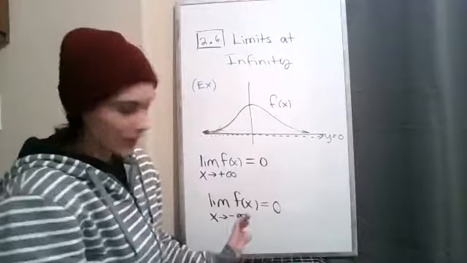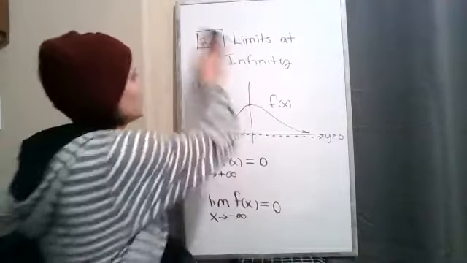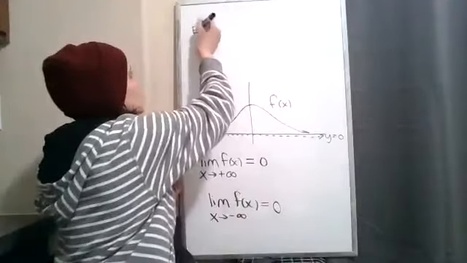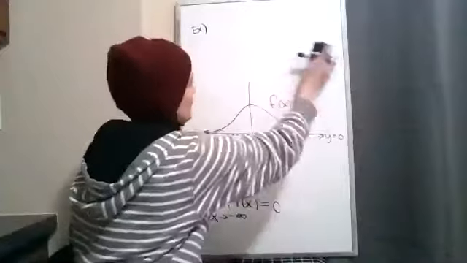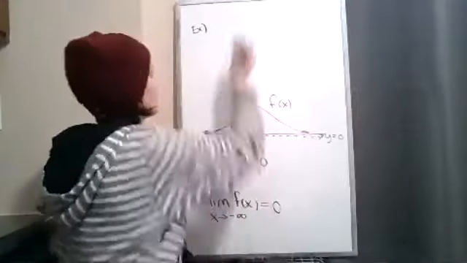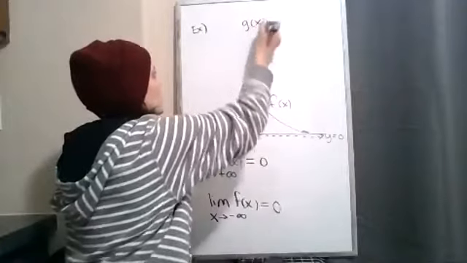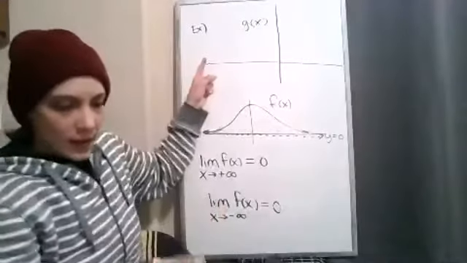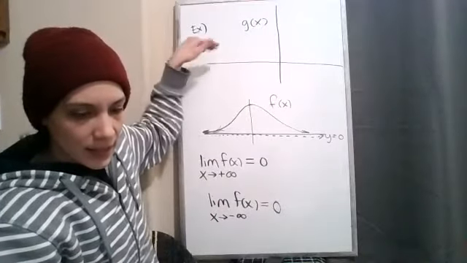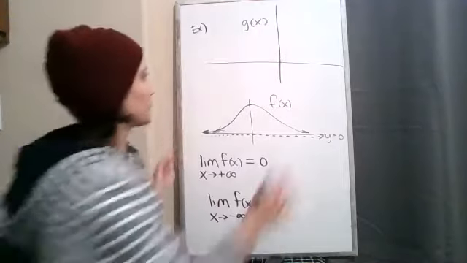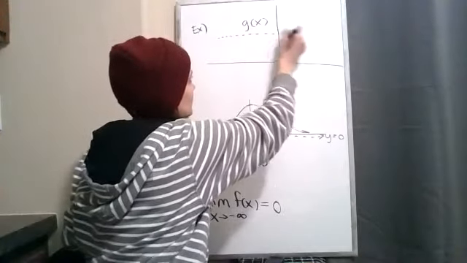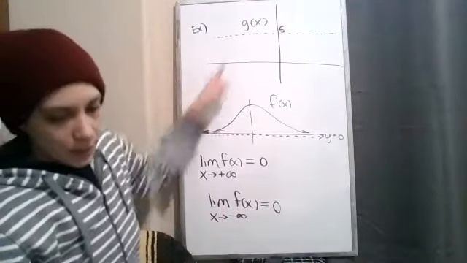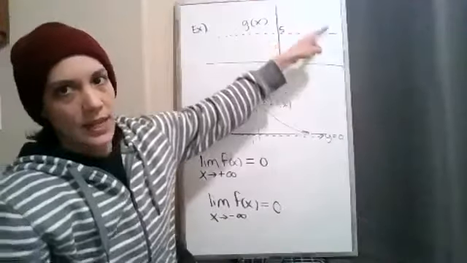All right, this graph will be called g of x. We have a horizontal asymptote at y equals 5. And then we're going to go up and then swivel around that asymptote.